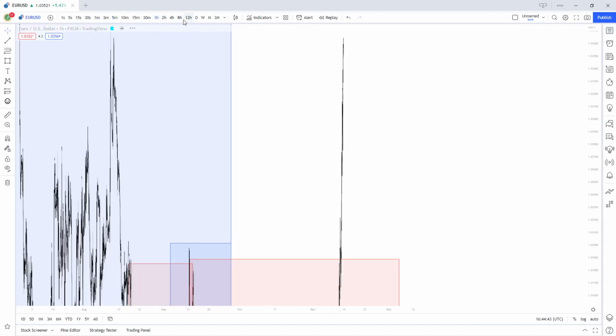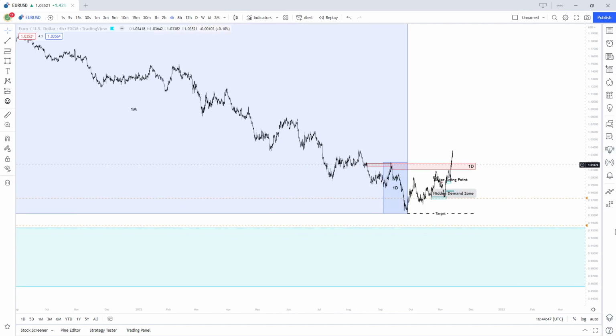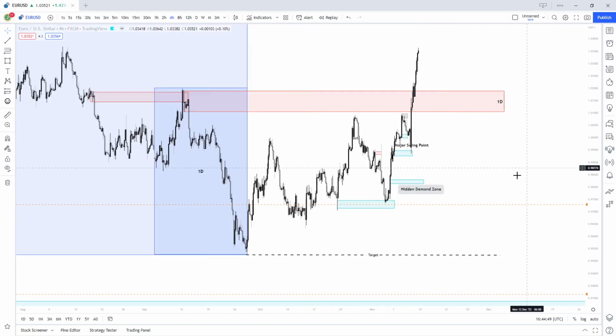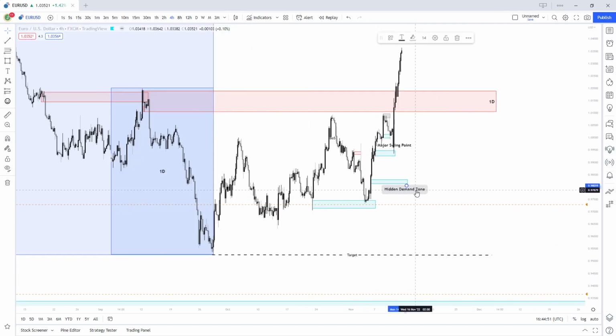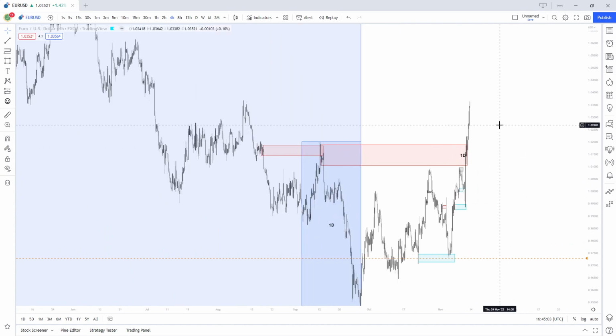Now going back to the bias I had for a very, very long time, which was for price to trade as bullish into this 1-day supply zone, which we see obviously we've had clear reactions from demand zones to take price towards that region, but we have recently seen the invalidation of that zone as price pushes through.